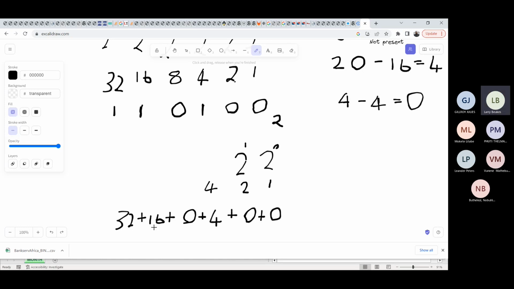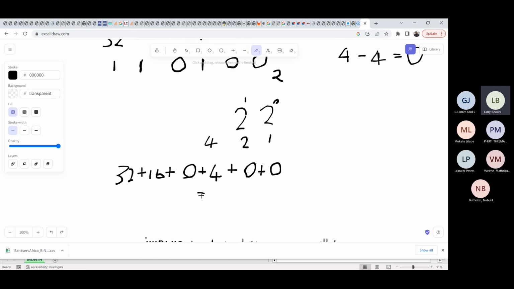So 32 plus 16 plus 4. Remember, 16 plus 4 is already 20, so plus 32 is going to be 52. So the answer here will be 52. You don't need to write this 10, because this number system is already to the base 10. It's decimal.